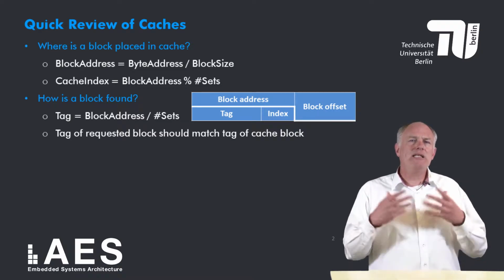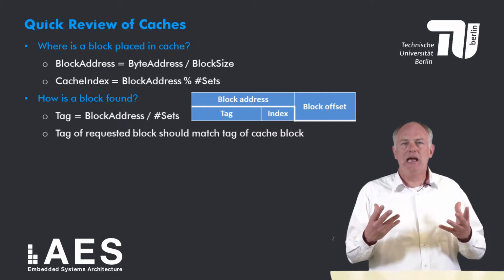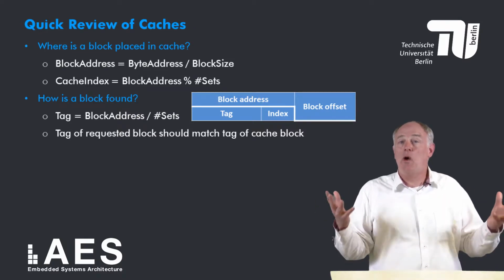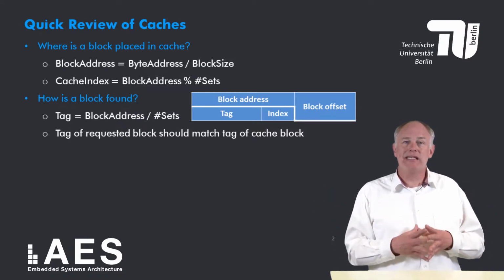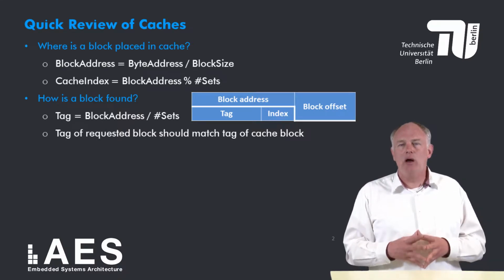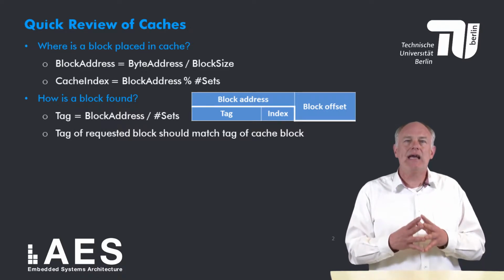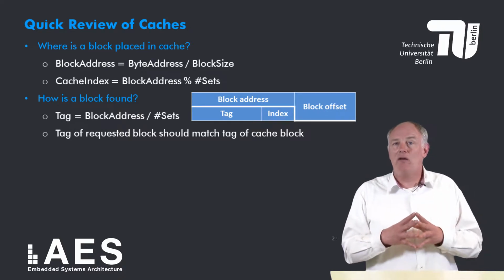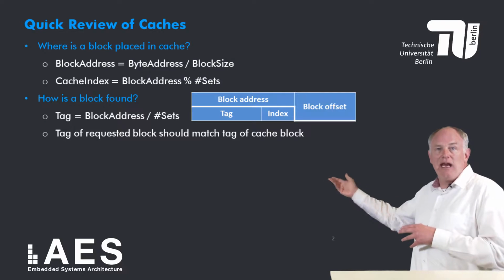The block size as well as the number of sets are typically, meaning always, I don't know of any cache where it isn't the case, powers of 2. This allows us to easily calculate the block address, index and tag since they are given by parts of the address, as illustrated in this figure.